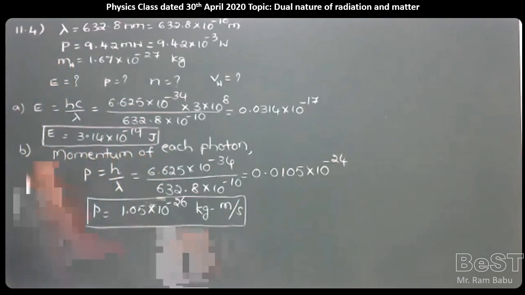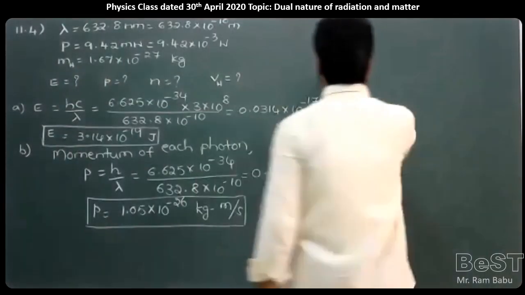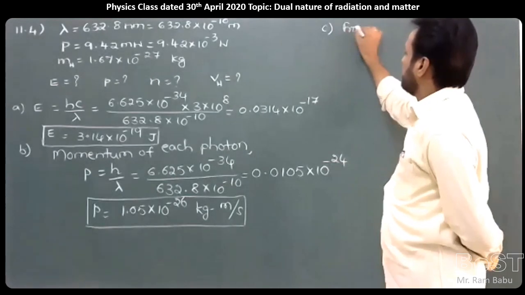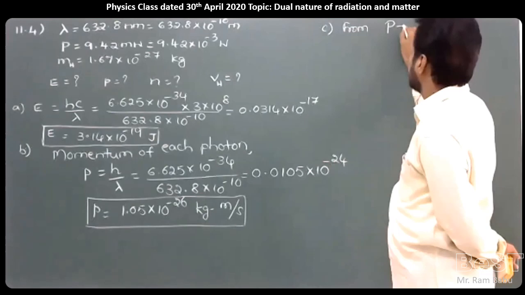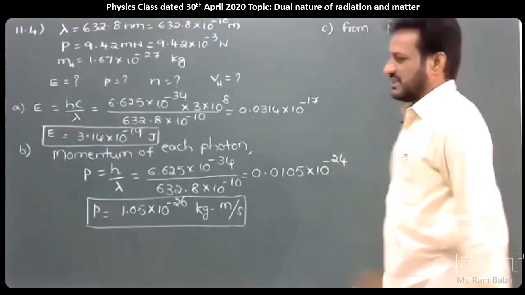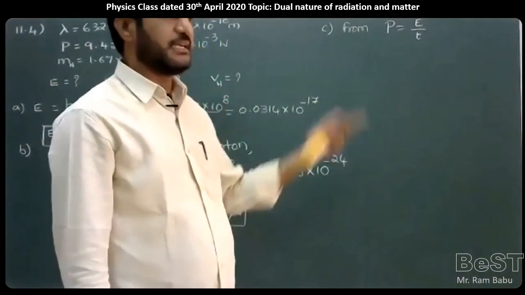Next question they asked, how many photons are emitted per second, C. I'll use the formula: power P is equal to energy by time. The general definition, rate of doing work is called power. Here work done is nothing but energy.